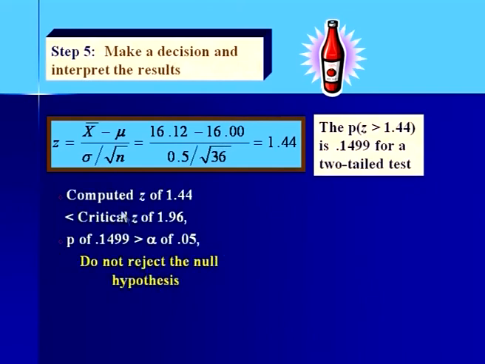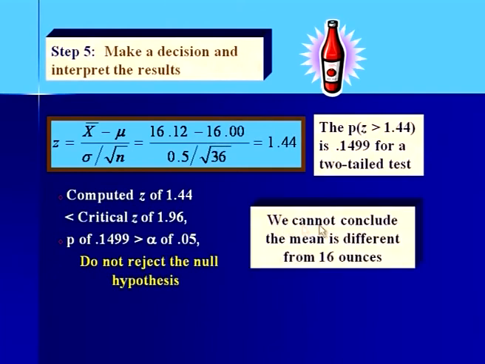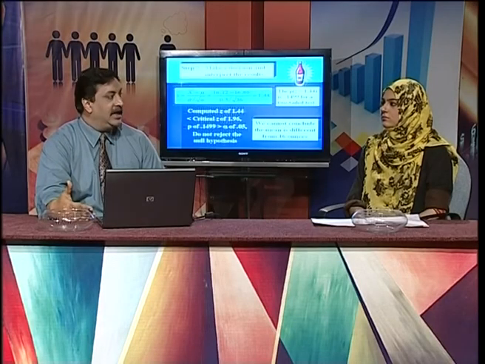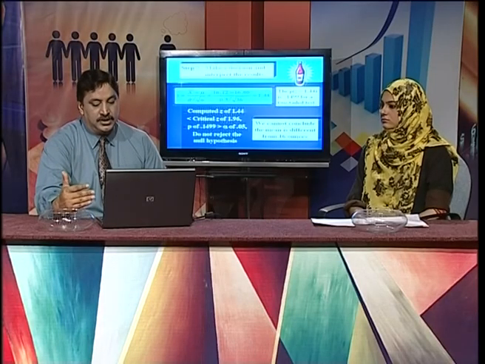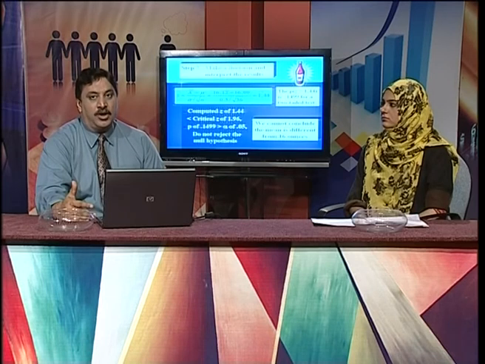The computed Z of 1.44 is less than the critical Z of 1.96. Also, the P of 0.1499 is greater than alpha of 0.05. So we do not reject our null hypothesis, and we cannot conclude the mean is different from 16 ounces. It means we accept our null hypothesis: the mean volume of the bottle is 16 ounces.